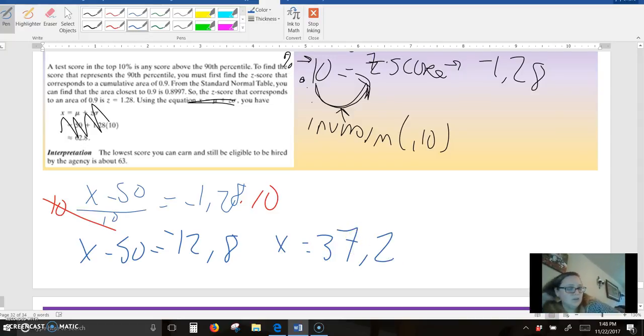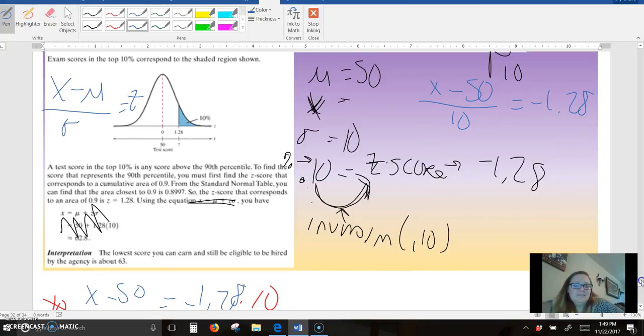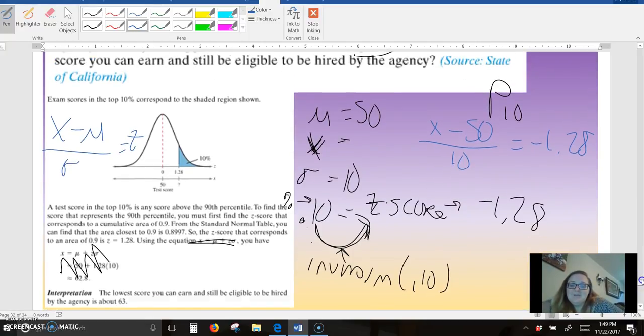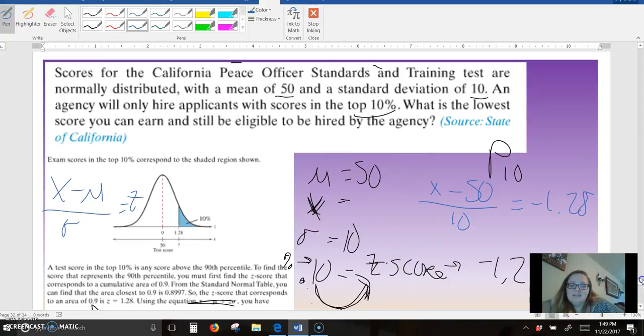So the lowest score, oh, you know what? I messed up, because what I found was the lowest 10%. How do I know I did the lowest 10%?